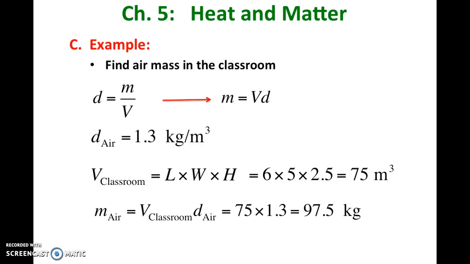Then we have the volume of the classroom equals 6 times 5 times 2.5 equals 75 cubic meter, and then the mass of the air in the classroom equals 75 times 1.3 equals 97.5 kilogram.